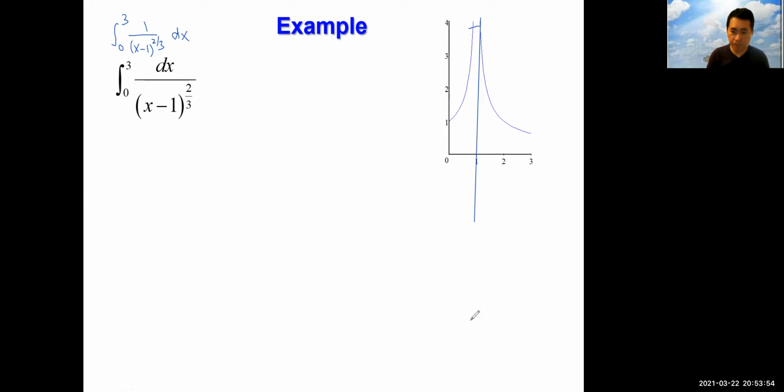Let me see, I need to redraw it. See, it's not continuous on the interval from 0 to 3, and it's not continuous precisely at 1.